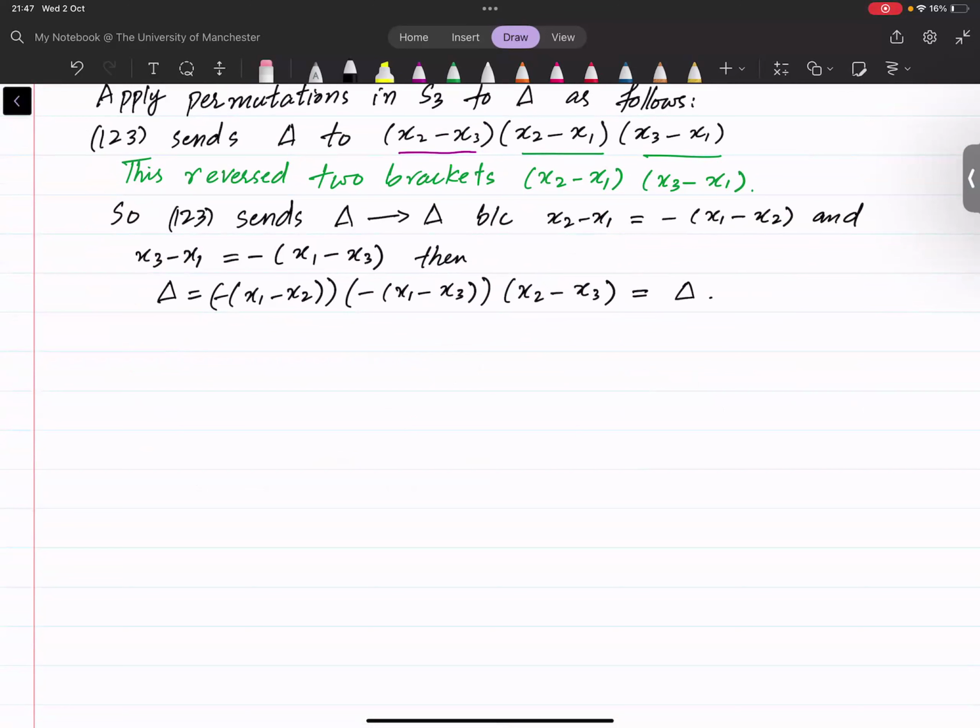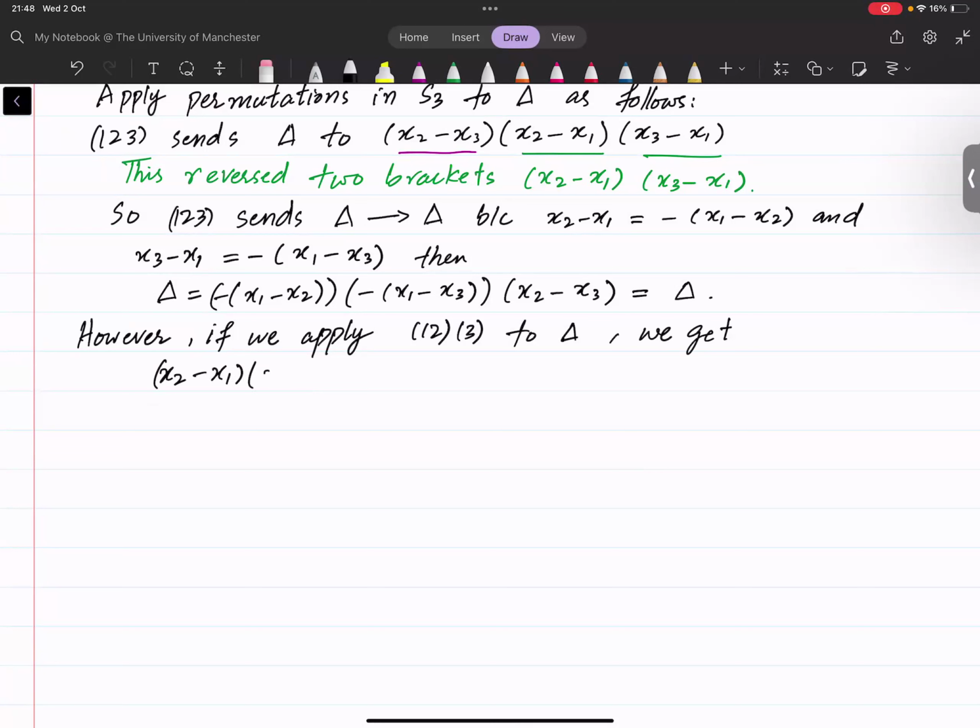However, if we apply the permutation (1, 2) with 3 fixed to delta, we get (x2 minus x1)(x2 minus x3)(x1 minus x3).